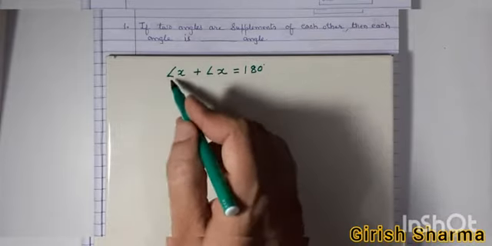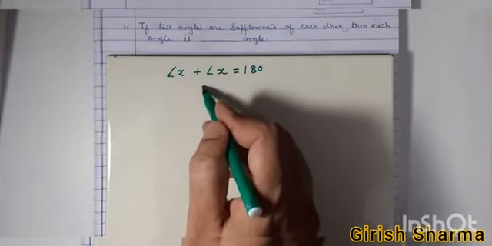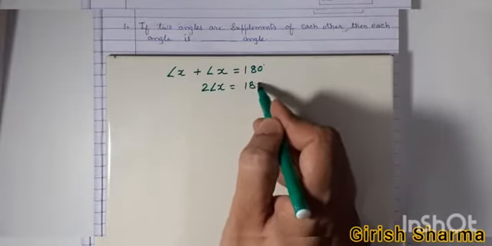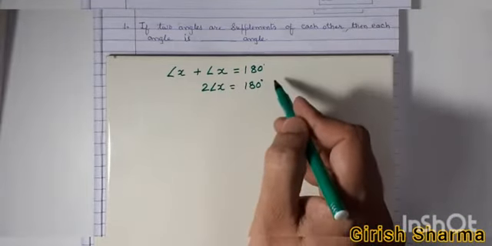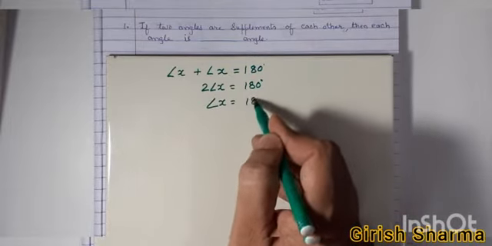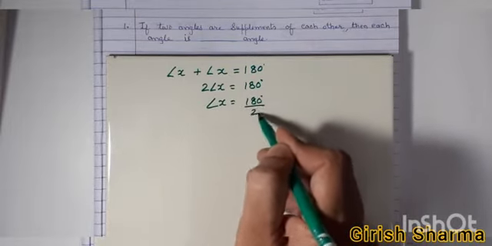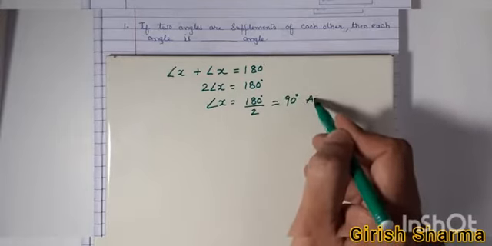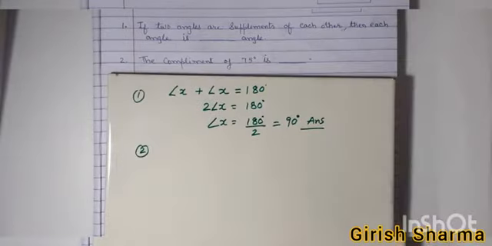Then how many times of x? 1x and 1x, 2. Twice of angle x is equal to 180 degree. Then what will be angle x? 180 degree upon 2. This is 90 degree. 90 degree is your answer.